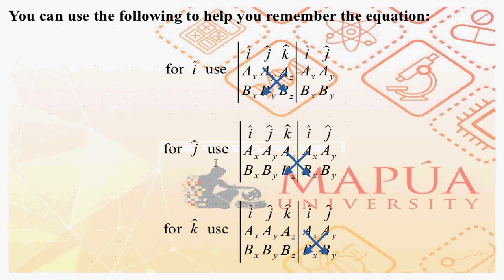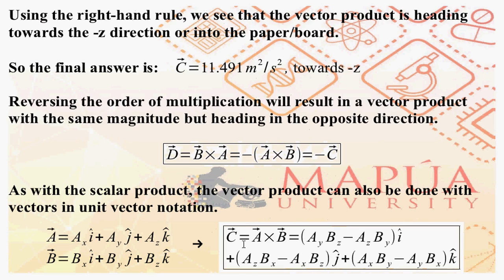Then for the j hat, the Y component of the vector product, cover up j hat, and then cross multiply the k hat and i hat columns. So, AZ BX minus AX BZ times j hat.